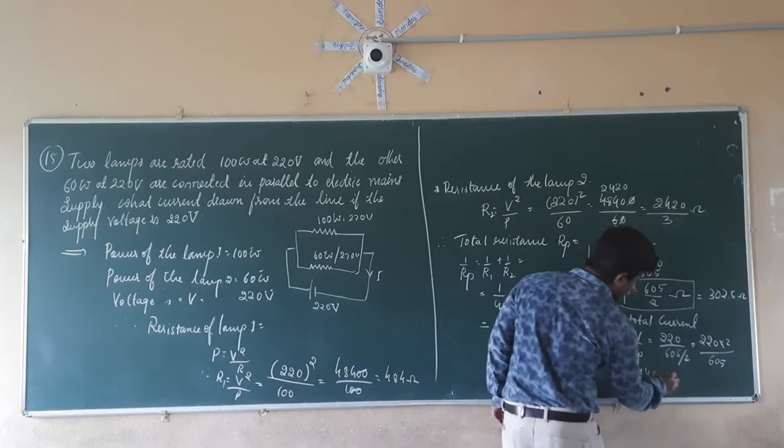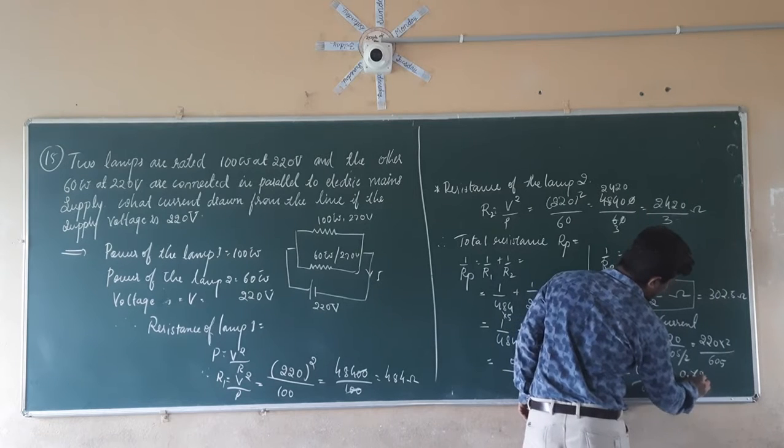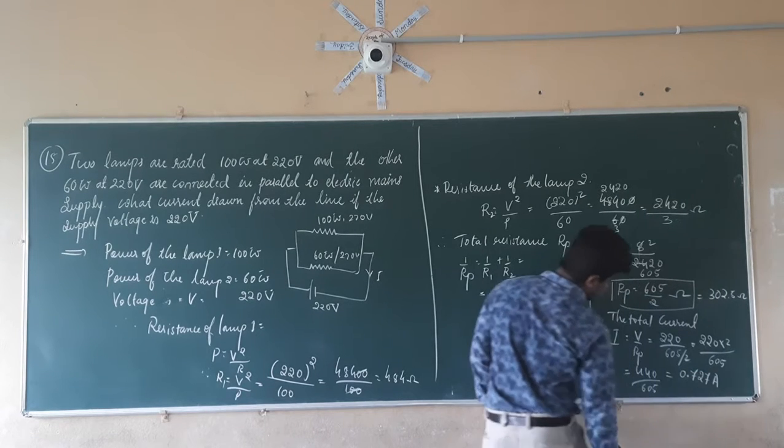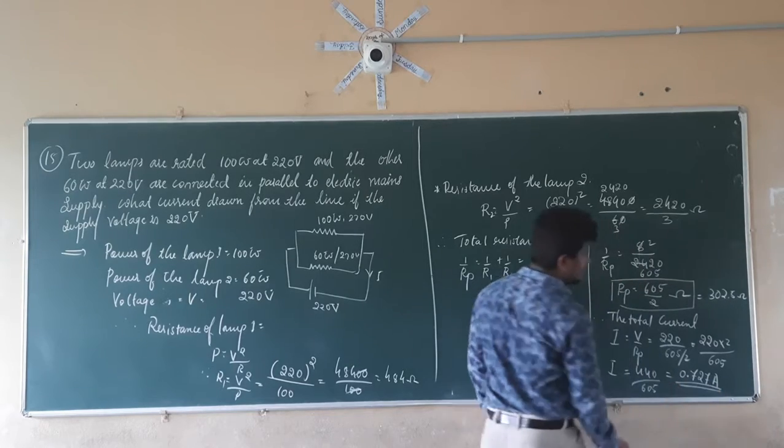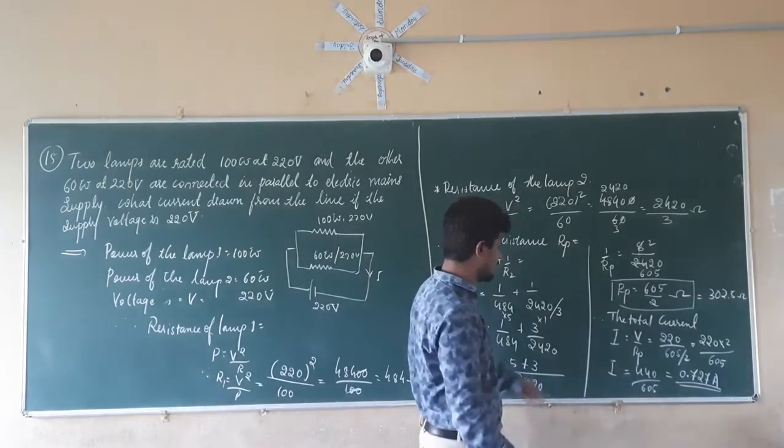If you calculate, you are going to get the value as 0.727 amperes. So I is equal to 0.727 amperes.